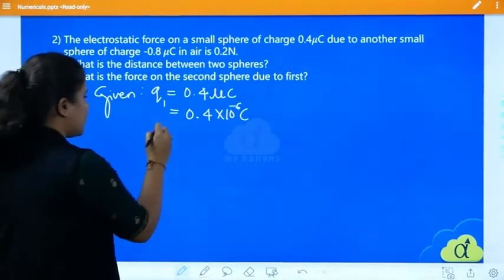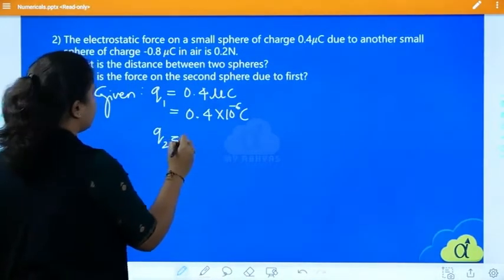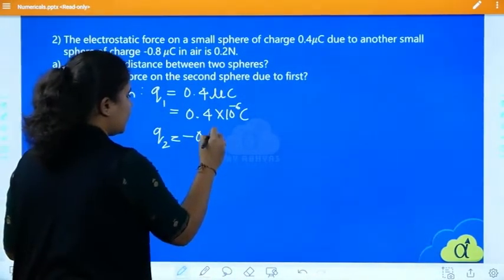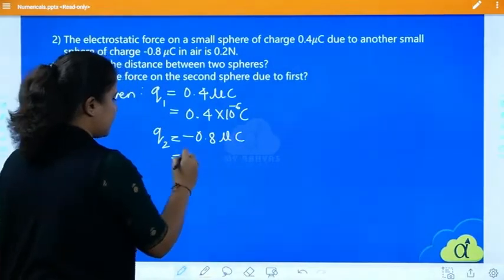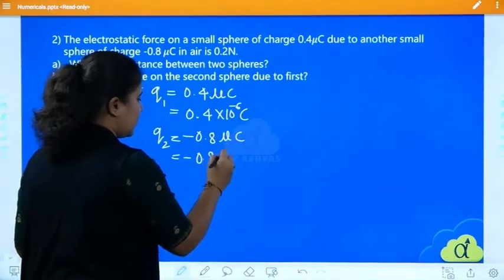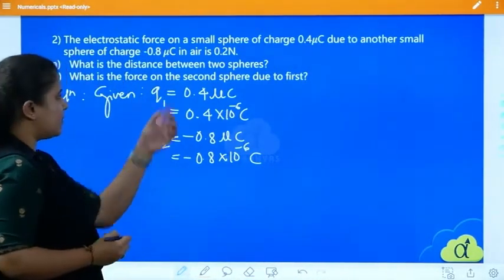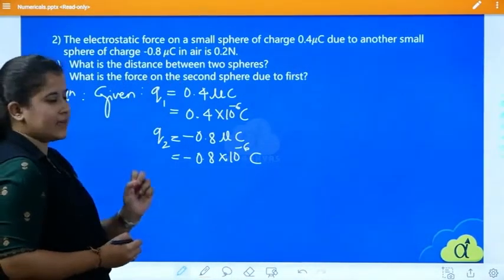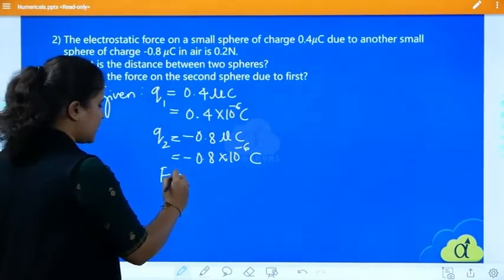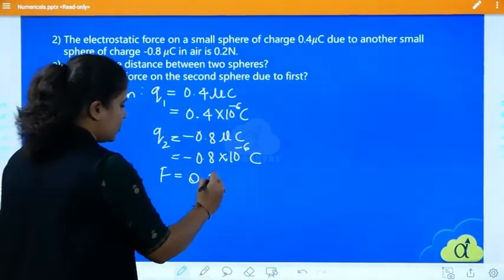Moving on to Q2, we have minus 0.8 microcoulomb, and that is nothing but minus 0.8 into 10 raised to minus 6 coulomb, because micro, right, they have given me the sign. Then they have given me the force, which is F equal to 0.2 Newton.